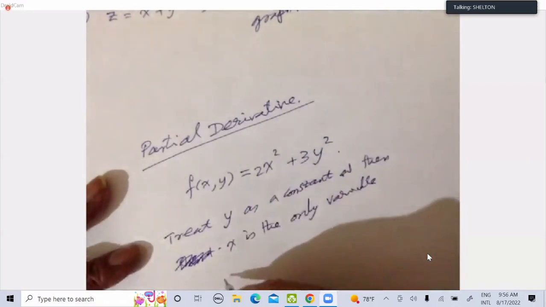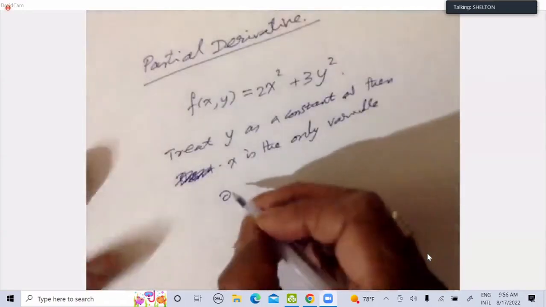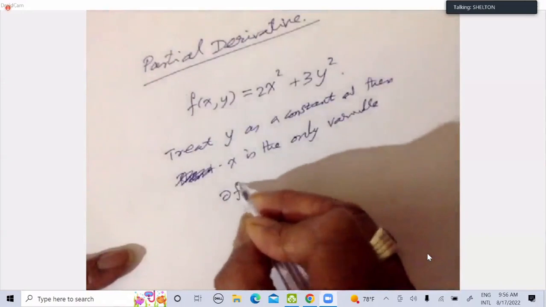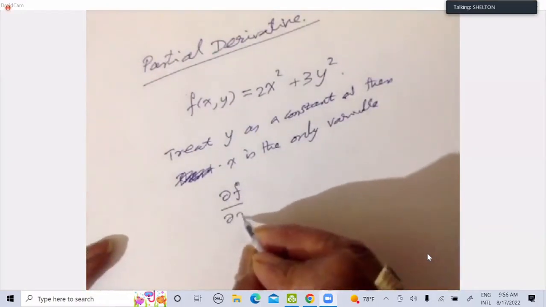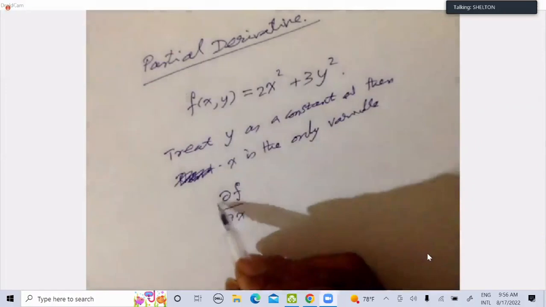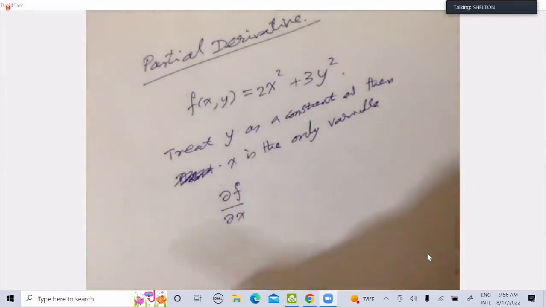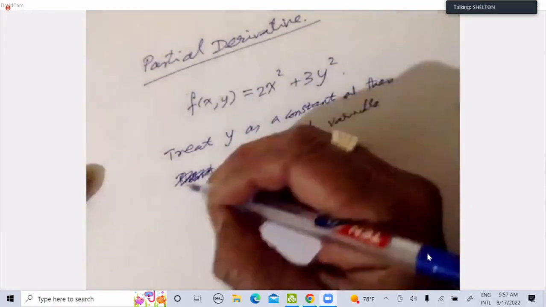The derivative of that function with respect to x, we write as the partial of f with respect to x, the curly d. In the United States, they just say df/dx, both for a straight derivative and for a function of one variable.